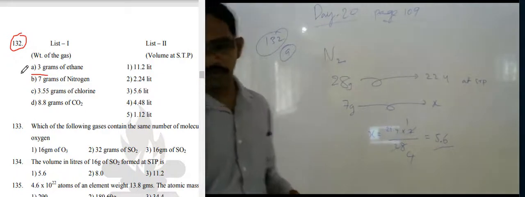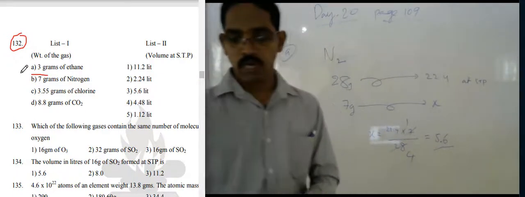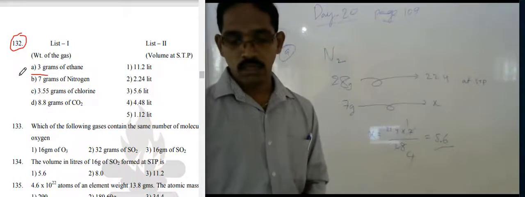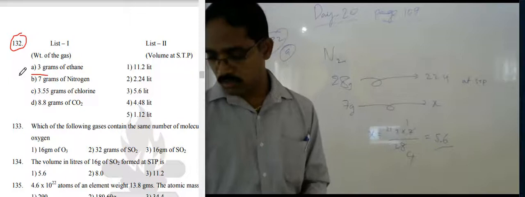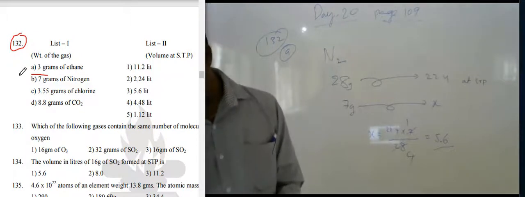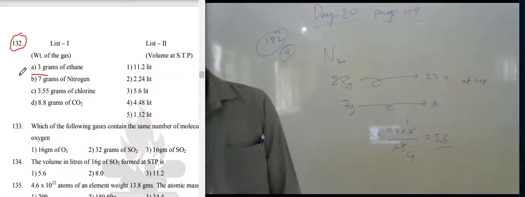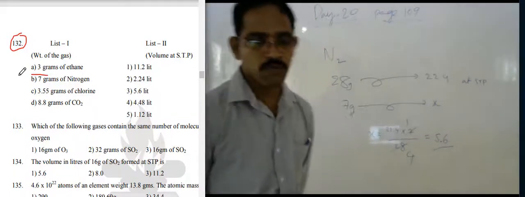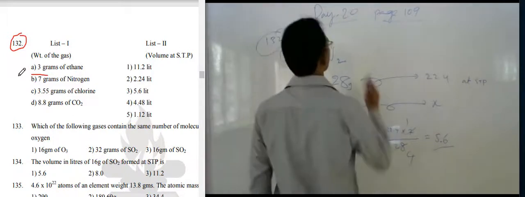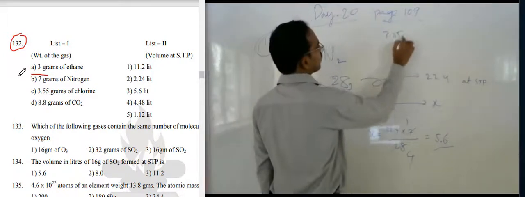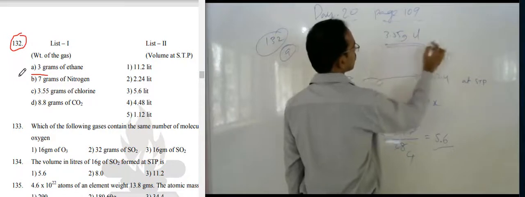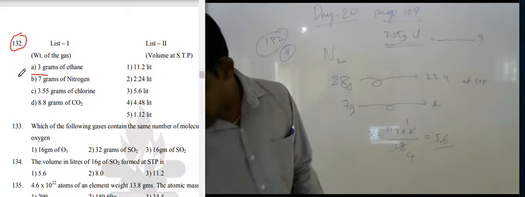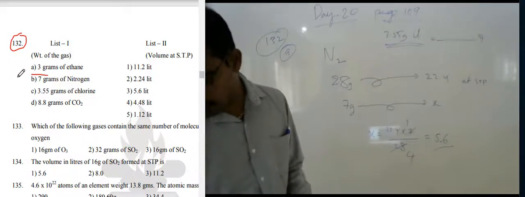Hello, understood everyone now? At least give a response. Yes, understood. Right. Do one thing now. 3.55 grams chlorine. You do that calculation. 3.55 gram chlorine equal to dash.